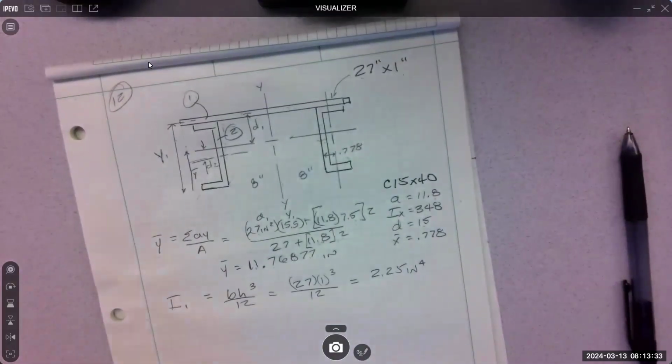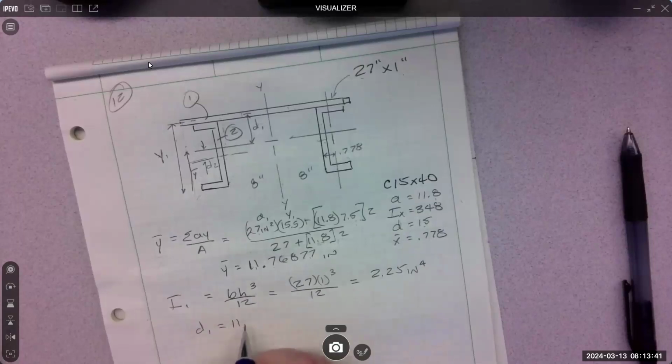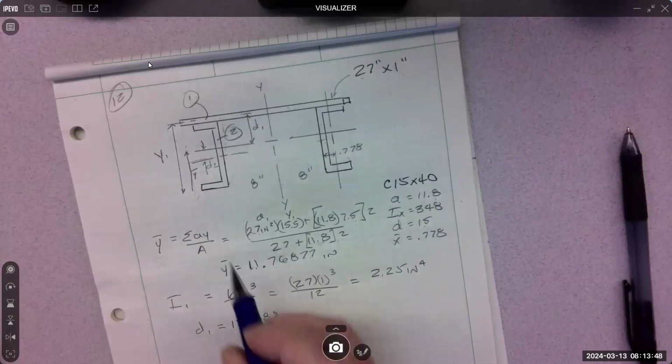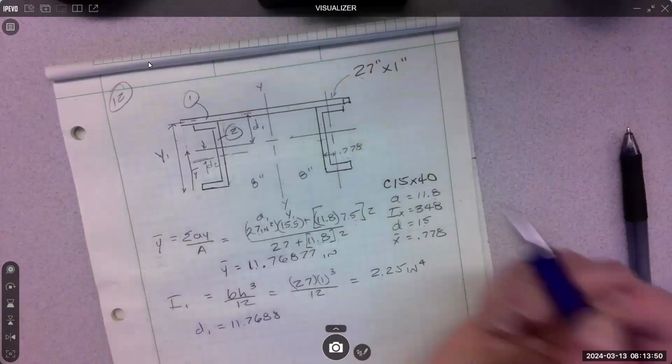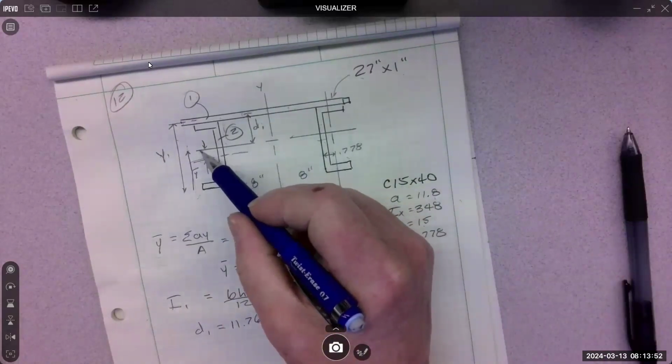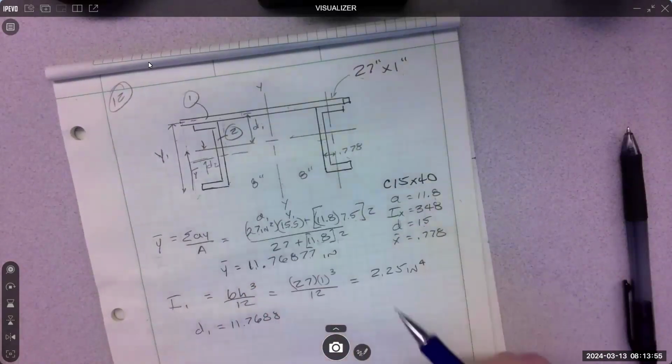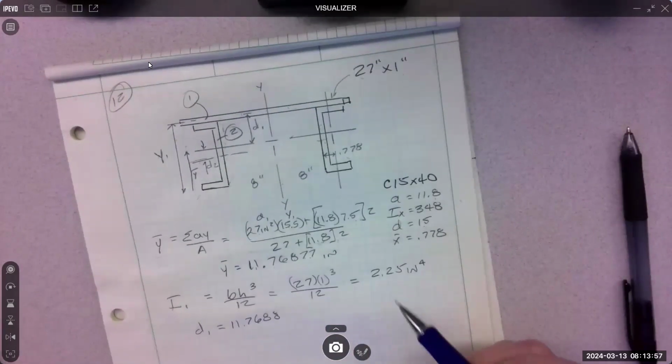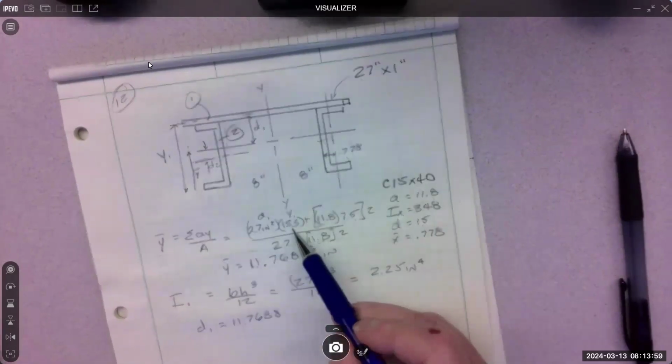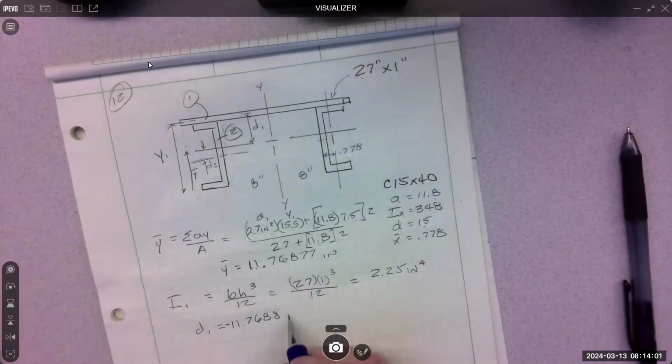Y1 is 15.5, so D1 equals negative 11.7688, that's y bar, plus 15.5.